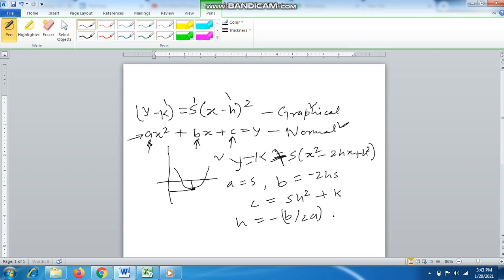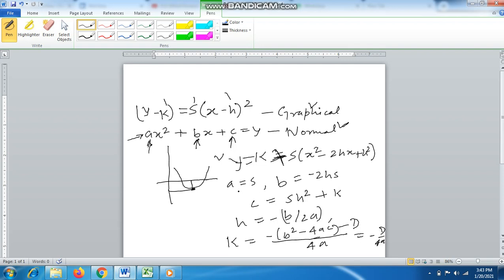Now k is a bit lengthy, so I'll write it down here for the sake of simplicity. k is nothing but minus (b square minus 4ac) divided by 4a. This is my discriminant, we know that very well. So I can write it as minus of D by 4a.